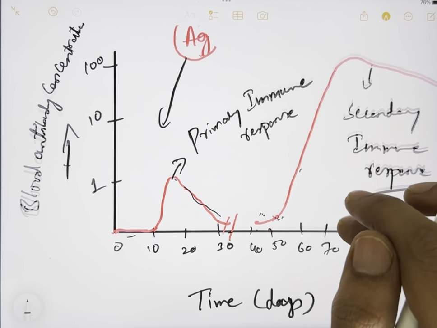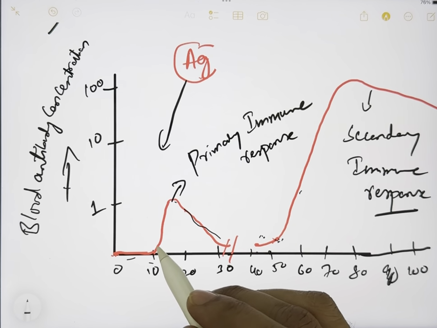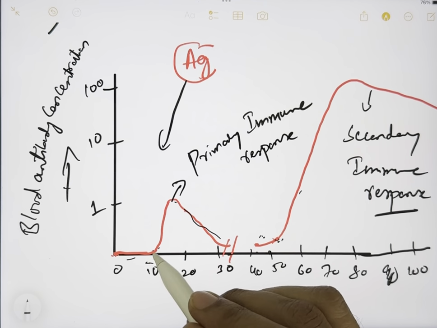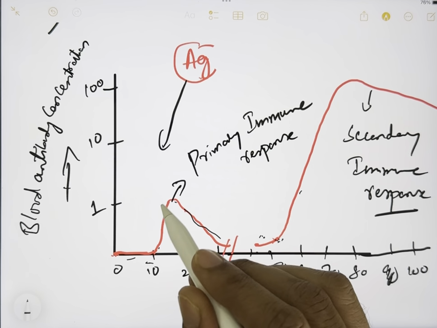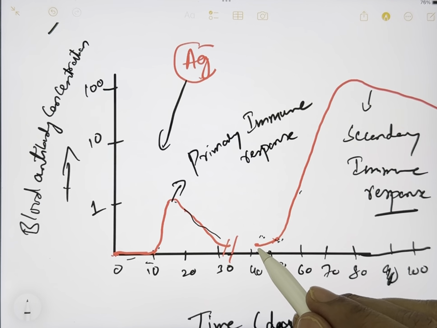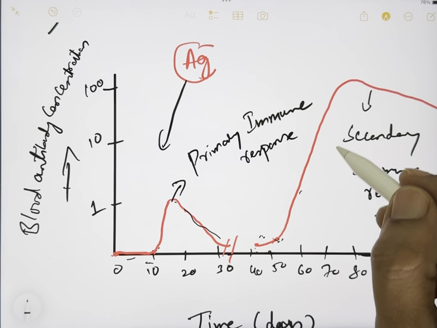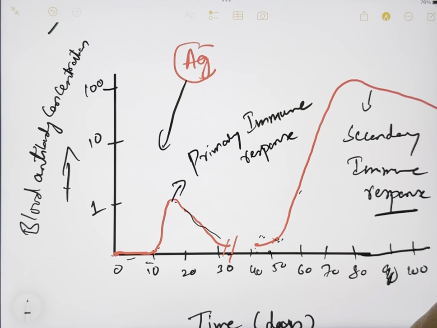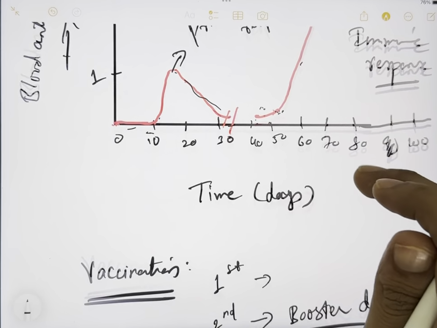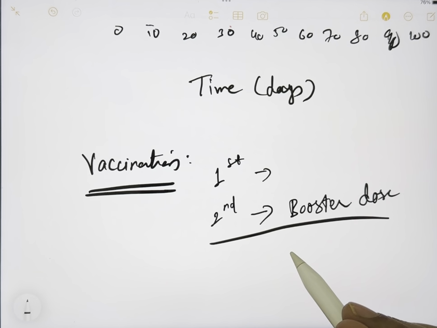During the first injection, the primary immune response will be of smaller magnitude and for smaller duration, but when we give the vaccination a second time, the antibody concentration will be more and for a longer duration. That is the logic behind adding the booster dose. Thank you very much.